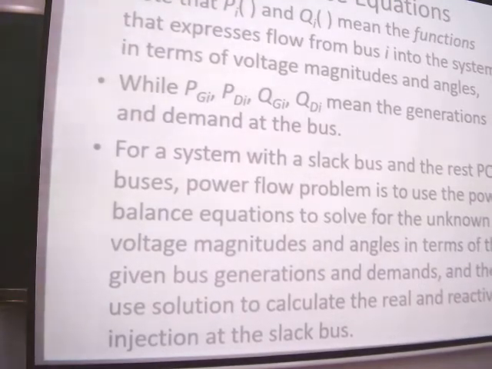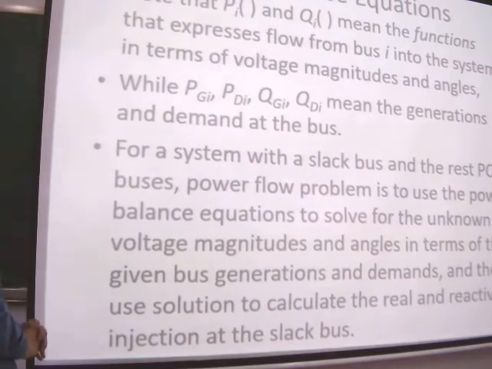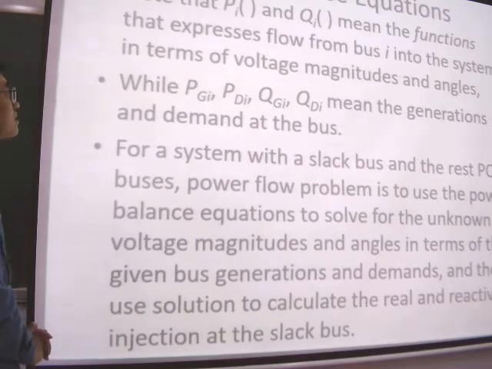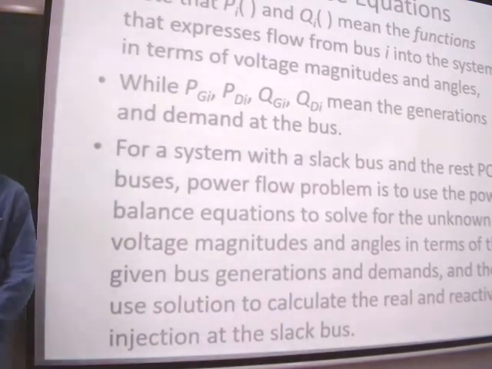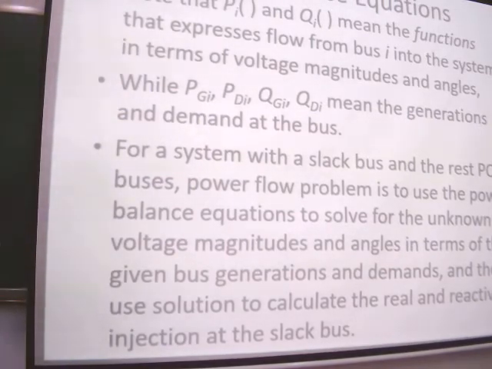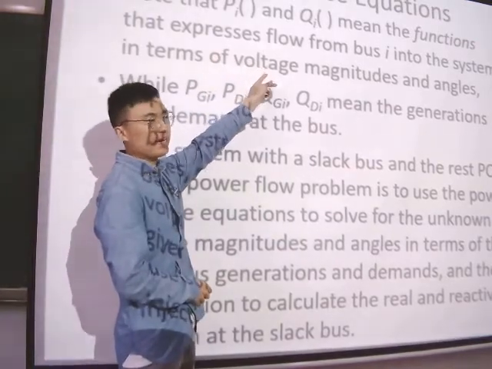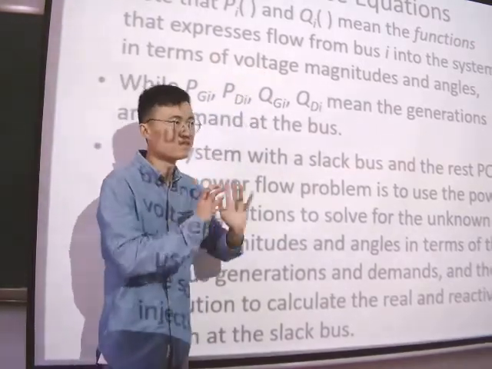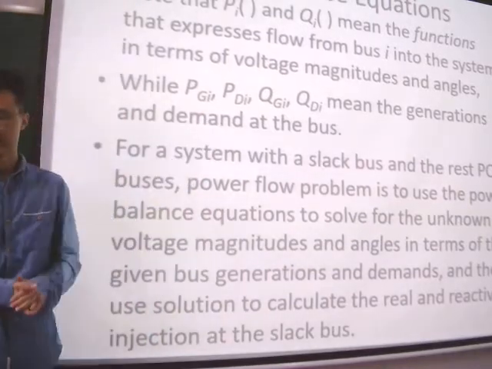Okay, so in these two power balance equations, we know that P and Q are functions that drive the flow from bus i into the system in terms of the voltage magnitude and angle. The i means bus i, and it means the power flow into the system from bus i.